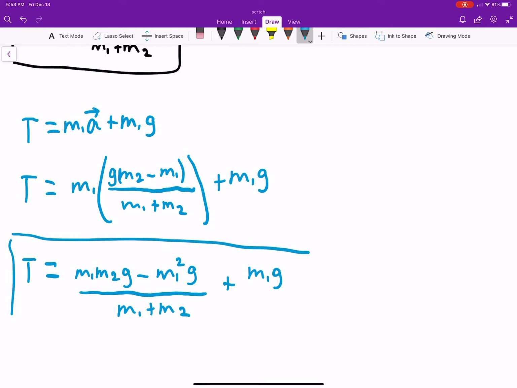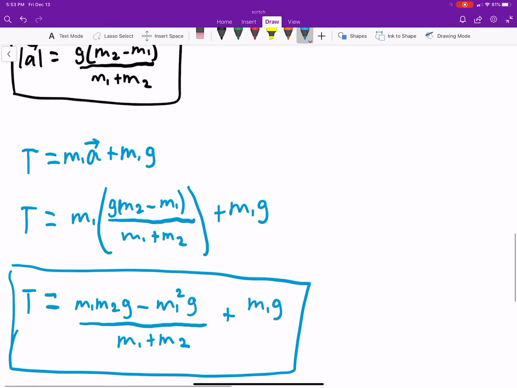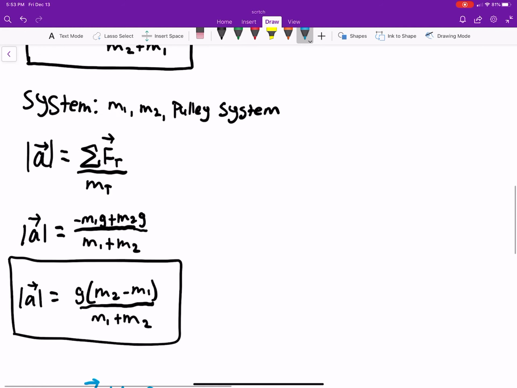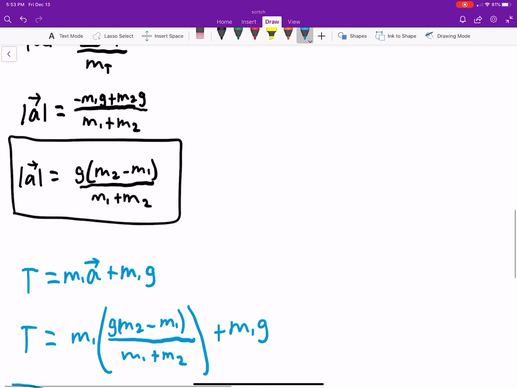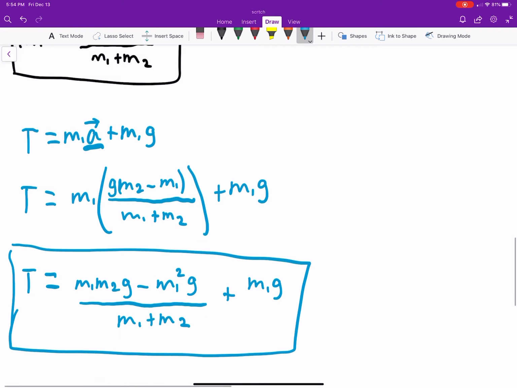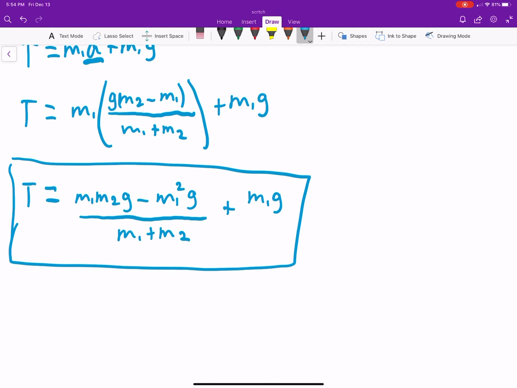Here's your tension force. Honestly, it'd probably be easier just to get a number for acceleration and then plug that number in. I'm lazy and I don't have my calculator on me, so I'm not getting an exact number. But that's an easier way to do it than the expression.